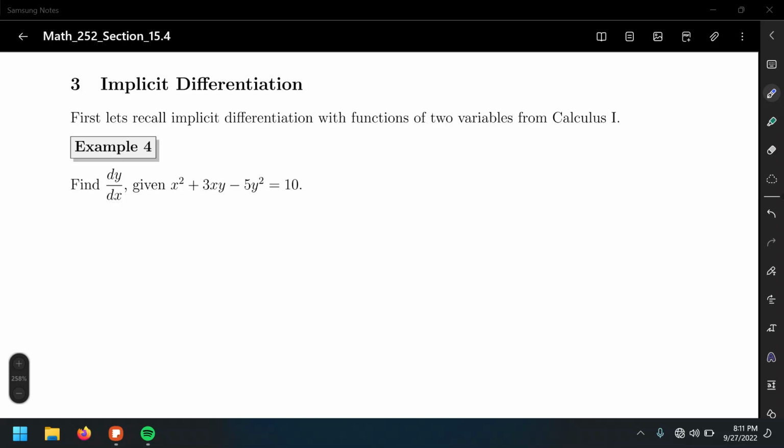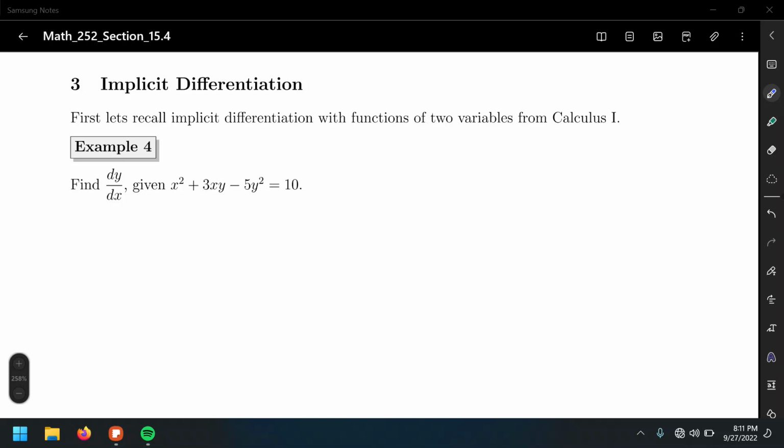We use implicit differentiation whenever we get a function that we cannot write in explicit form. That is a function that we cannot solve for y explicitly without getting these weird pluses and minuses. So in this case, we treat the problem like an equation and take the derivative of both sides of the equation.